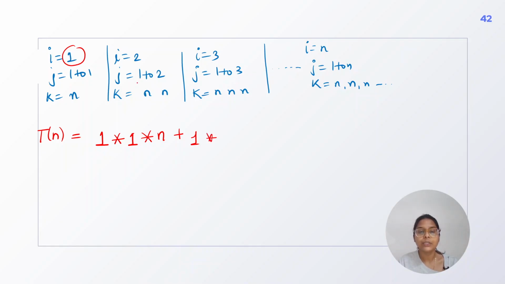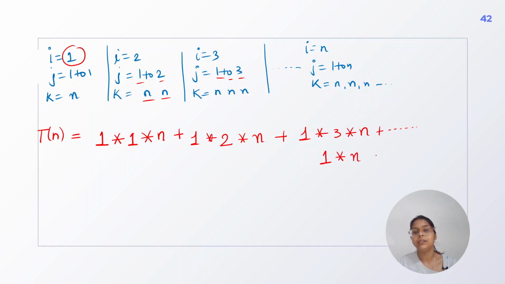For that j is executing for 1 and 2, means how many times? 2 times. And for that k is executing 2 times, which is 2 into n. Plus i equal to 3 only 1 time. For that j is executing 1, 2, 3, how many times? 3 times into n. Plus, the last we can write as 1 into n into n.